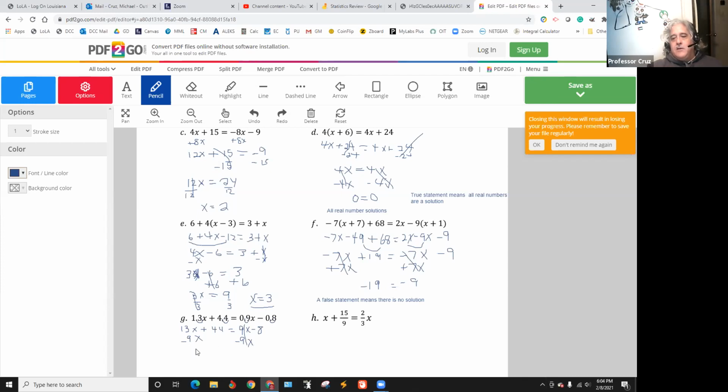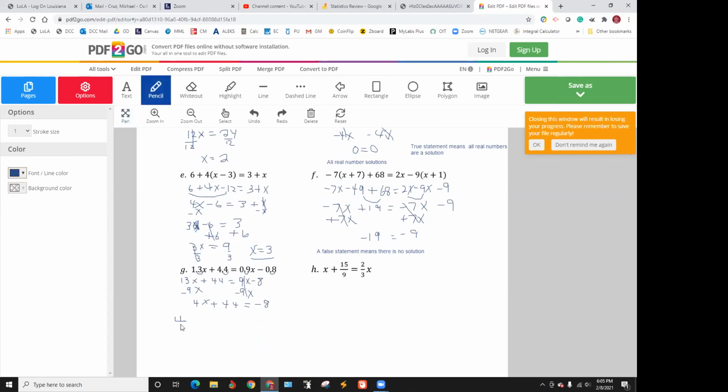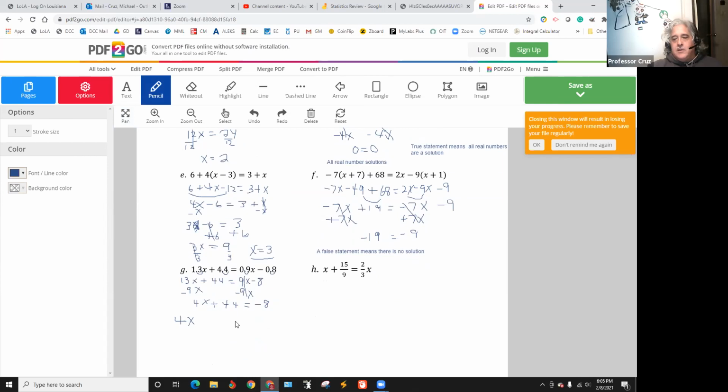So that means 4x is equal to negative 52.